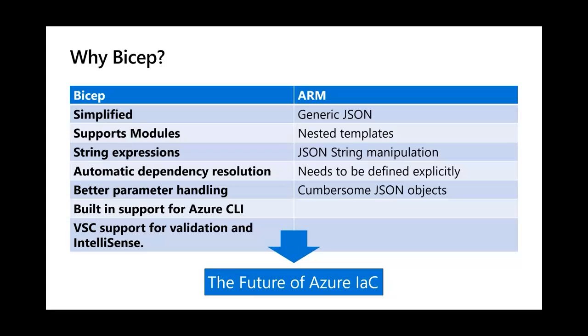In ARM, in order to do any string manipulation, I mentioned you can have parameters and you can calculate values in the template out of parameters. It is a programming language. You need to use something called JSON string manipulation, which is very cumbersome. In Bicep, it's regular strings as you expect in any descriptive language. So it's a language built more for the use case.